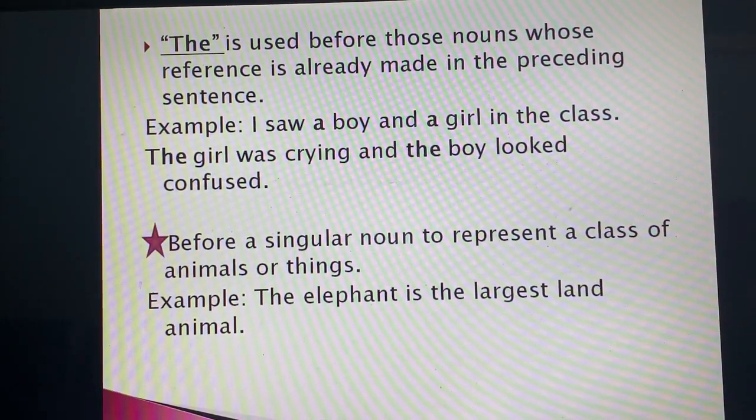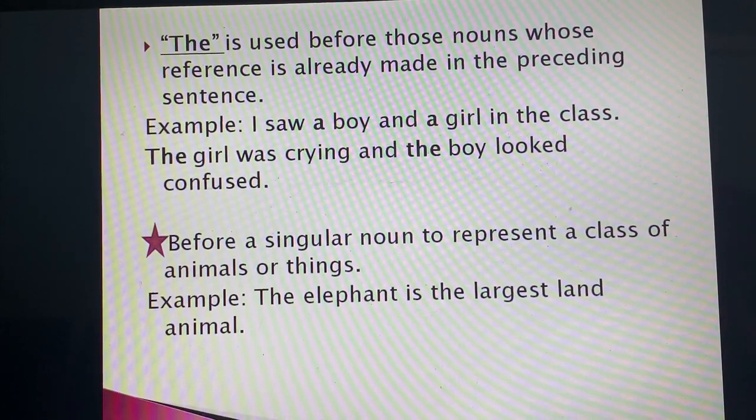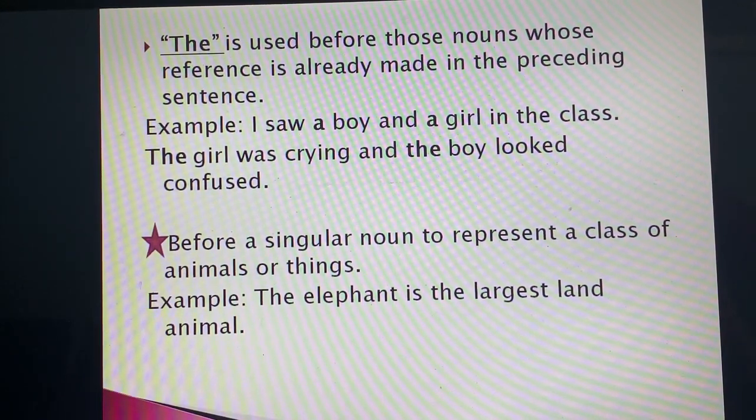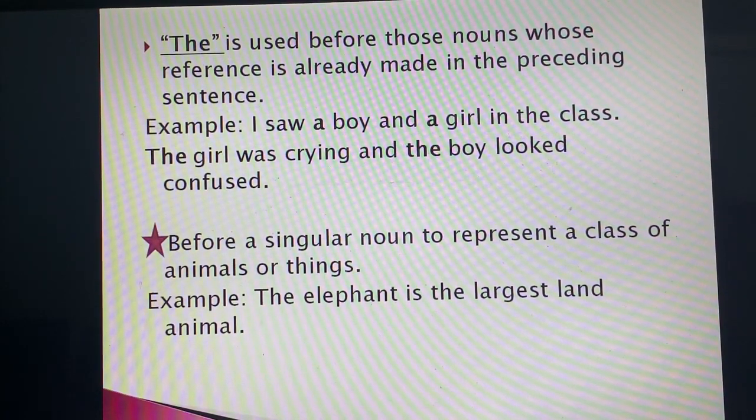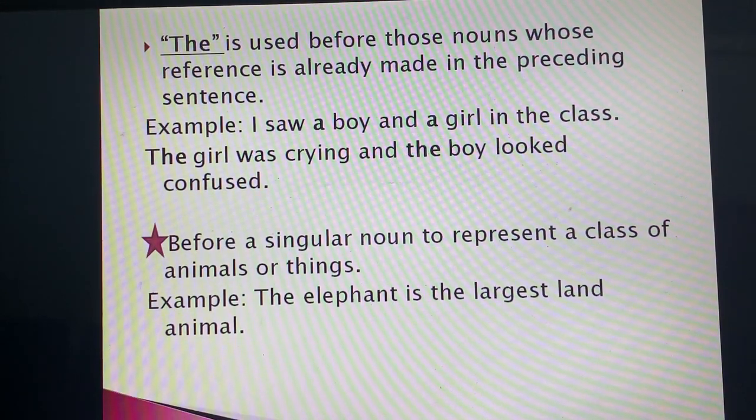I hope you are getting it. Like for example, we can say, I saw a beautiful lady walking on the road. The lady was looking fabulous. Firstly, I have used a, and secondly, I have used the, because we are talking about the same personality again in the sentence.